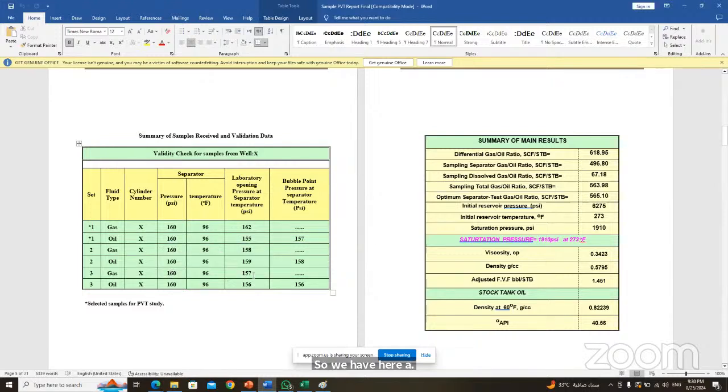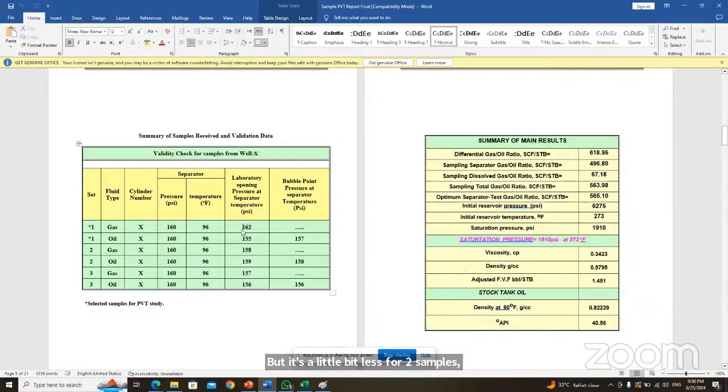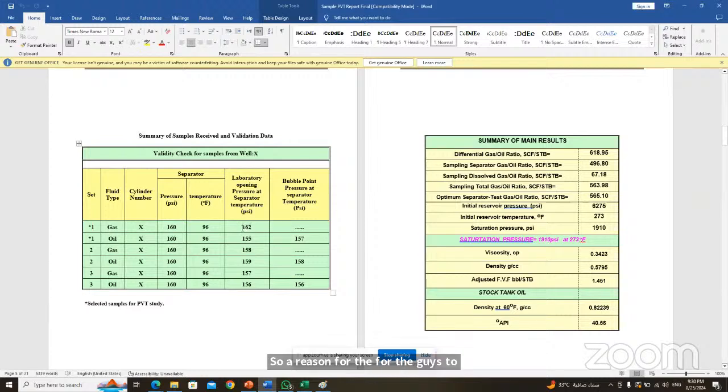We have here the opening pressure of 157, but it's a little bit less for 2 samples and it's higher in 1 sample. A reason for this sample to be higher is that if you transport the sample and do some agitations, this might increase the pressure a little bit. So if you are going to select a good sample to be used for the recombination, probably I would use that sample, the first one.